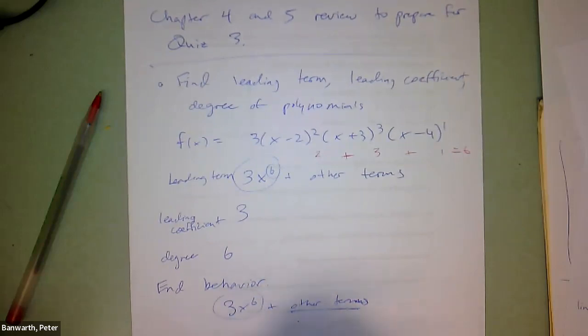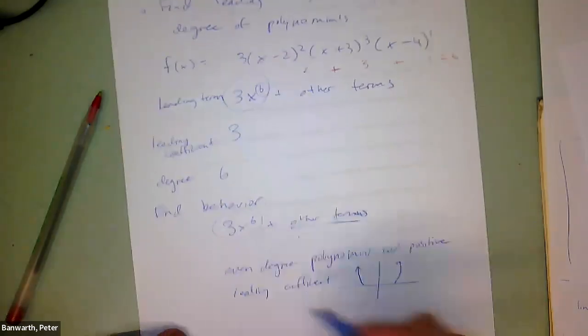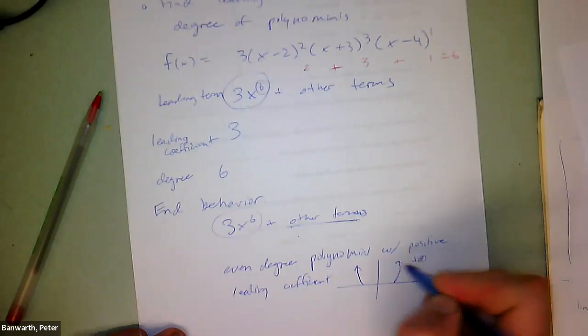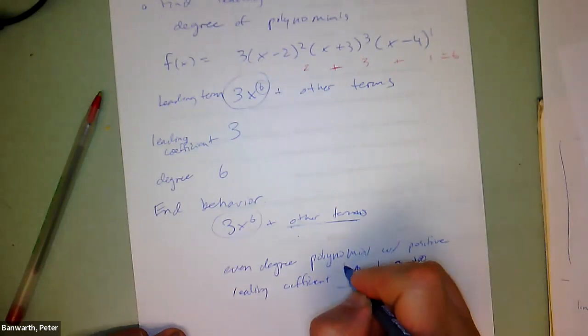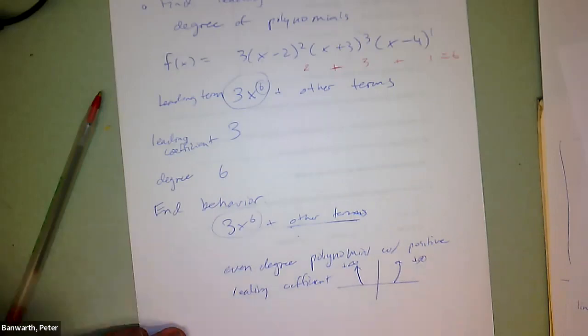It's an even degree polynomial with positive leading coefficient. So it's going to look like this on both ends. It goes to positive infinity as x goes to positive infinity, and goes to positive infinity as x goes to negative infinity.